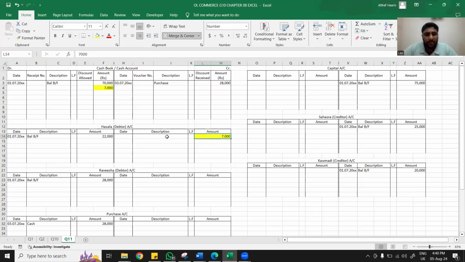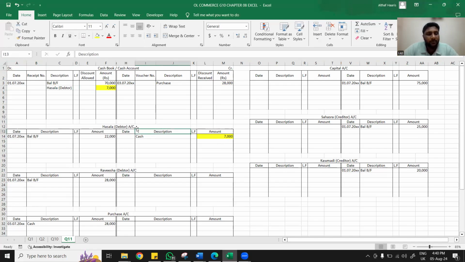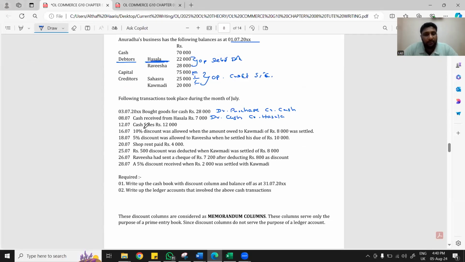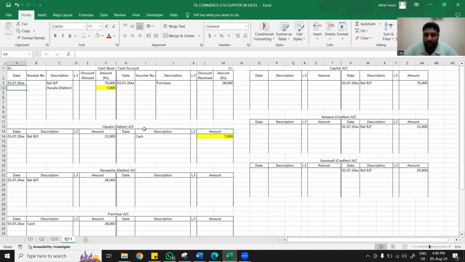Now you can switch the names. Here you can write cash, and here you can write Hustler debtor. The date, 8/7.